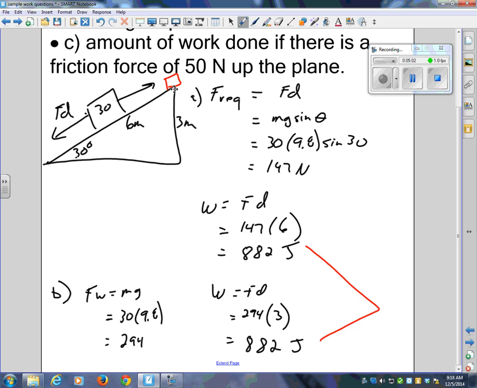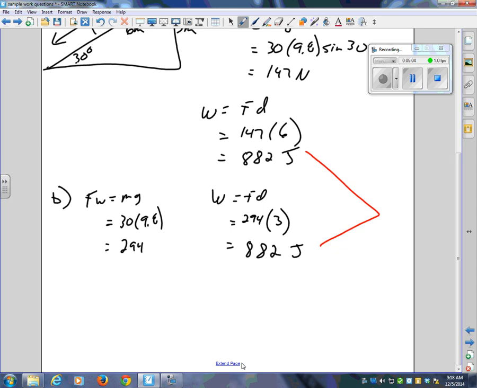Now there's one more unfortunate disadvantage to pushing it up the ramp, and that is friction. So in this case here, the FREQ is the FD plus FF, right?